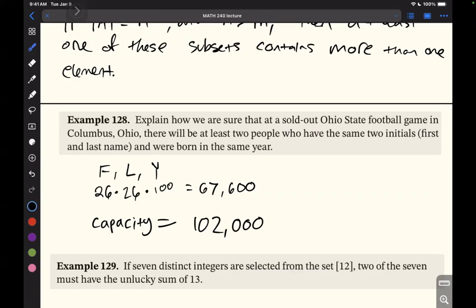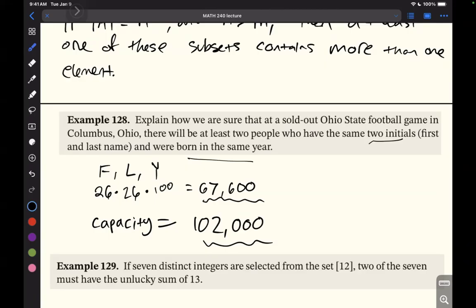And so this is the pigeonhole principle in action, because there are fewer of these possibilities than there are people going to the game. Therefore, by the pigeonhole principle, there must be at least two people who have the same two initials and were born in the same year.